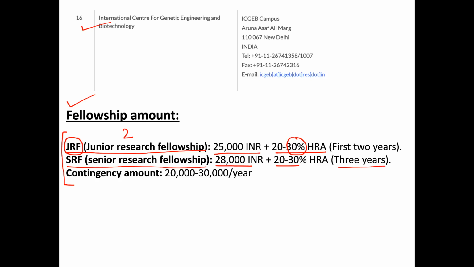So the total fellowship amount is for 5 years. And in addition to the JRF or SRF salaries, you will get a contingency amount of rupees 20,000 to 30,000 per year to attend some symposium or conference or workshop related to your PhD work, right?